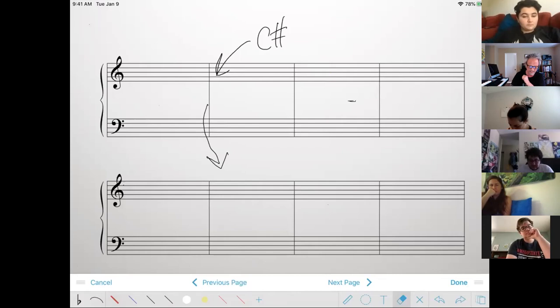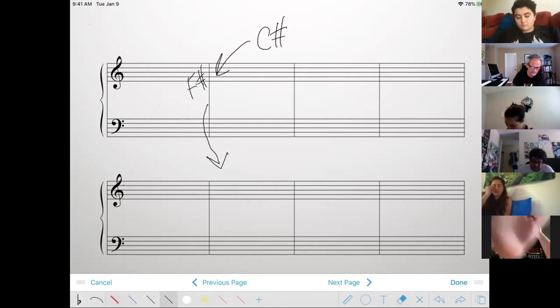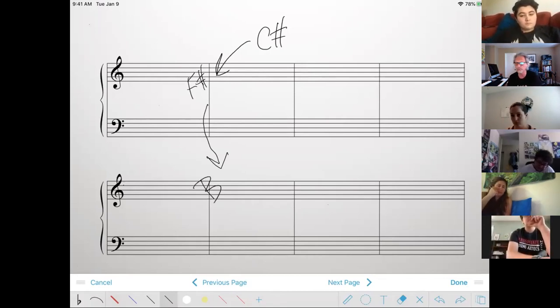So tell me, what is going backwards in the key circle? What is the key before C sharp major? F sharp major. Yeah. What is the key before F sharp major? B. Right. Those 3 keys are related to each other as major keys.